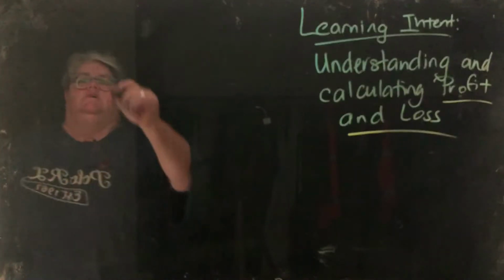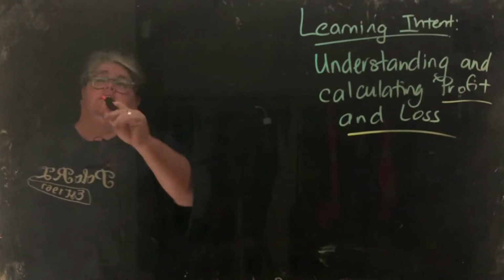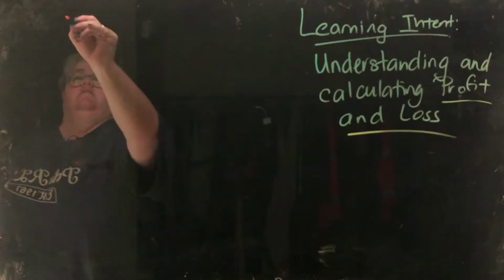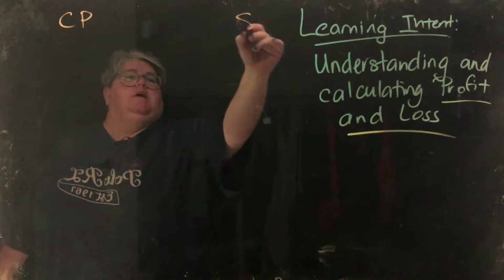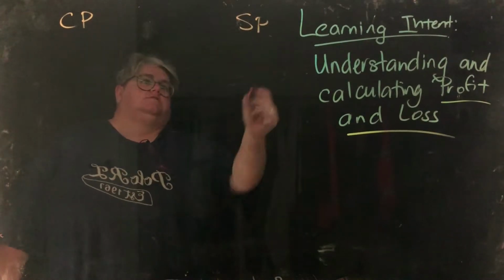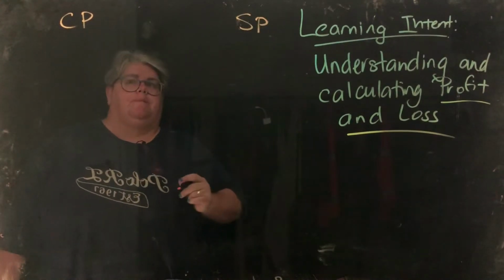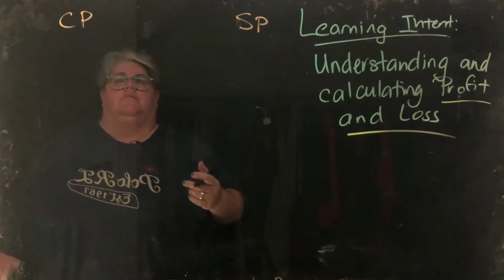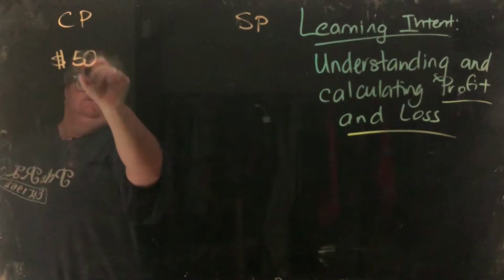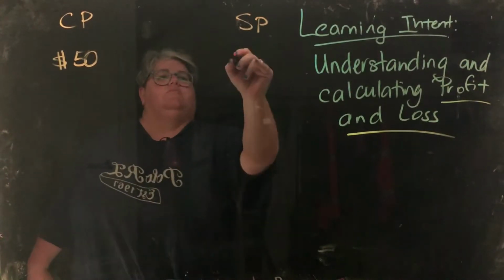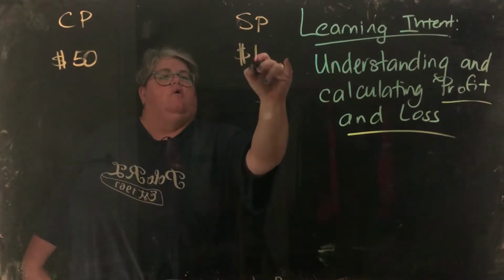I'm going to abbreviate cost price as CP. So when you see CP, that means cost price. SP will mean our sales price. So in this particular product, let's say our cost price was $50 and our sales price is going to be $120.